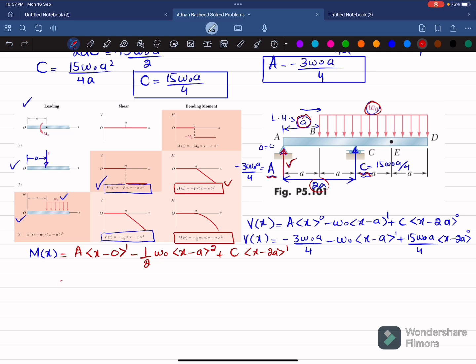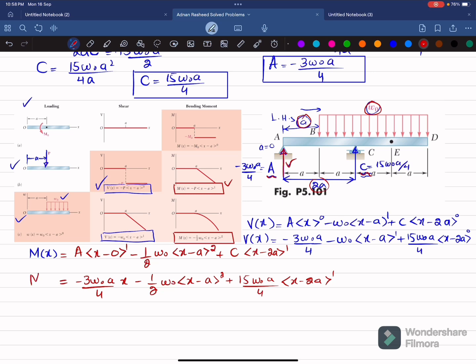Okay, now put the value of A. So A is minus 3 W naught A divided by 4 into X, because X minus 0, so X power 1, clear? And the second one will become minus 1 over 2 W naught into X minus A power 2, and putting the value of C, which is 15 W naught A divided by 4 into X minus 2A power 1.